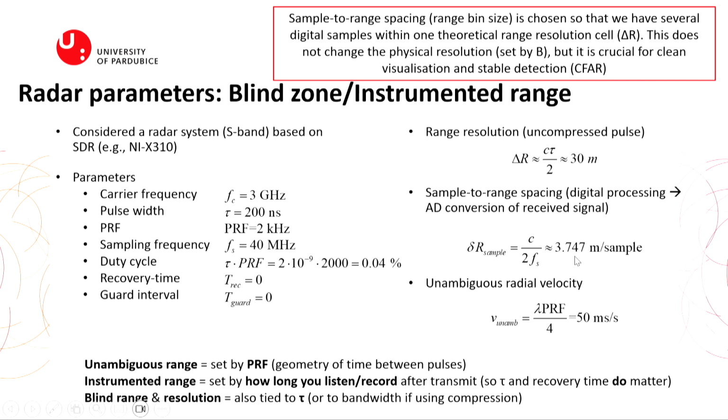It means approximately I will have 7 samples per one resolution cell, something like this. The unambiguous radial velocity, okay, we can also compute, is 50 meters per second.